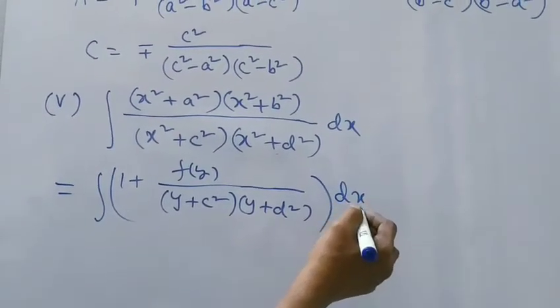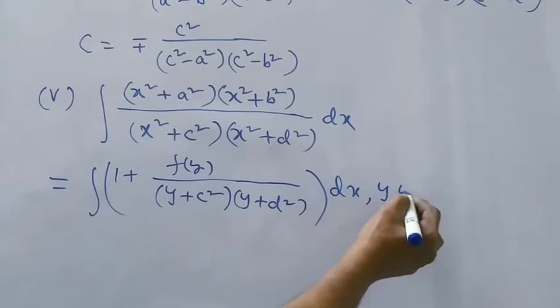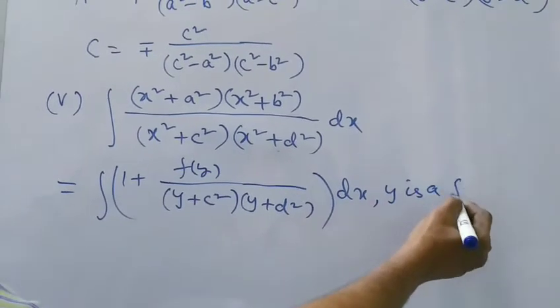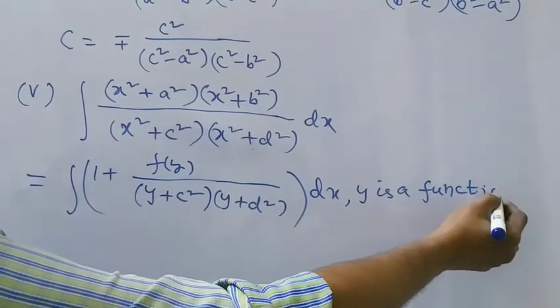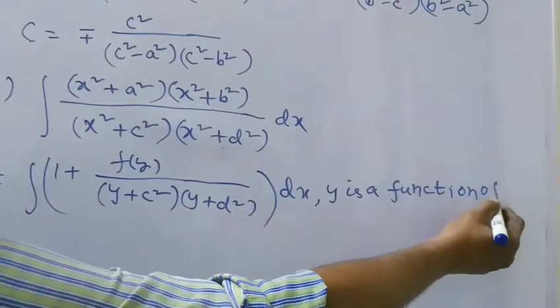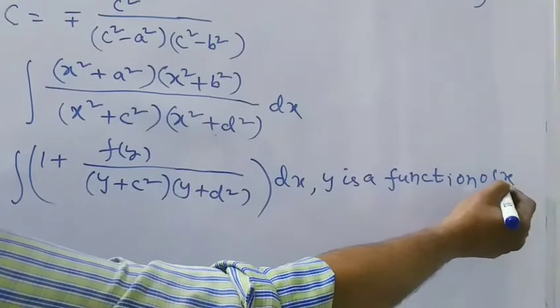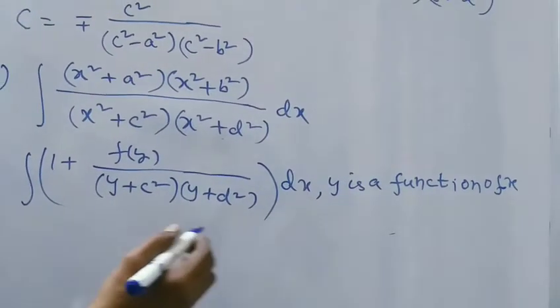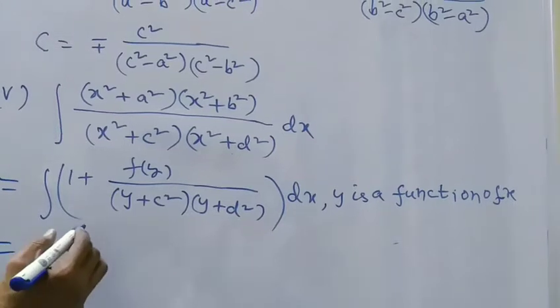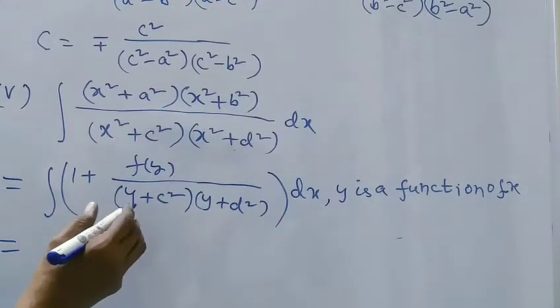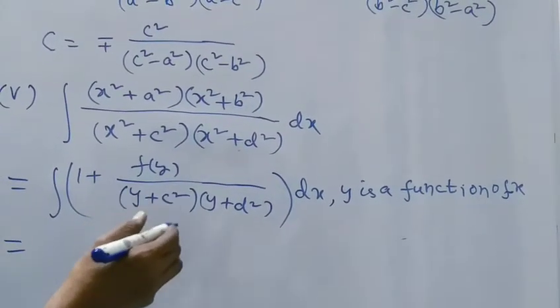Here y is a function of x. It becomes integral of, here how many factors are there? y plus c square and y plus d square.